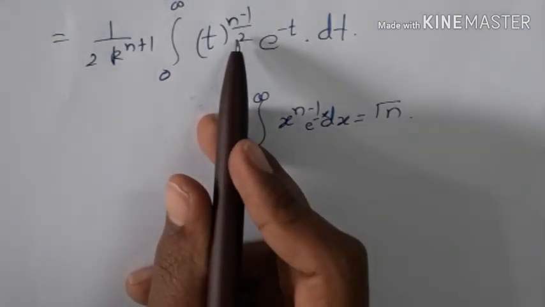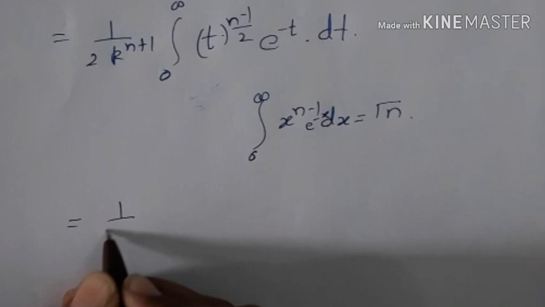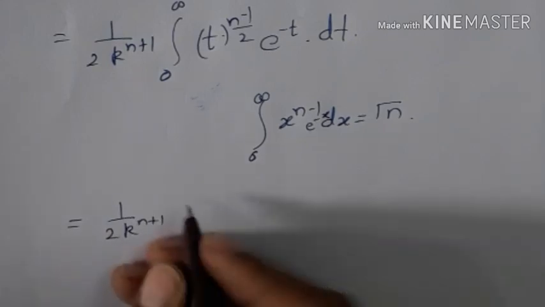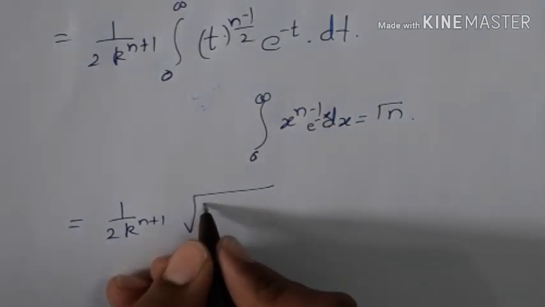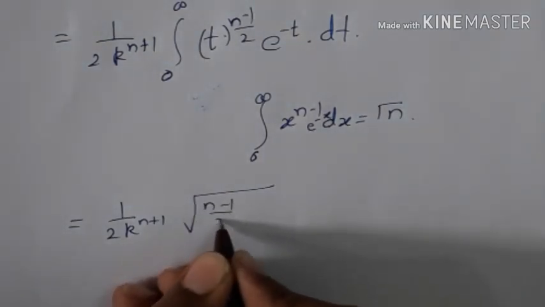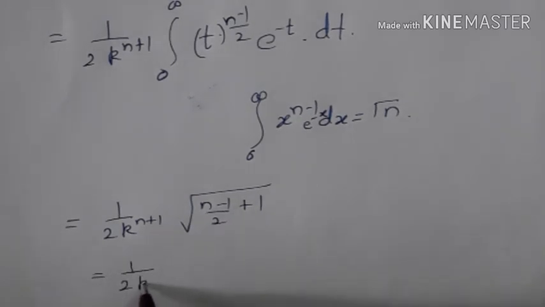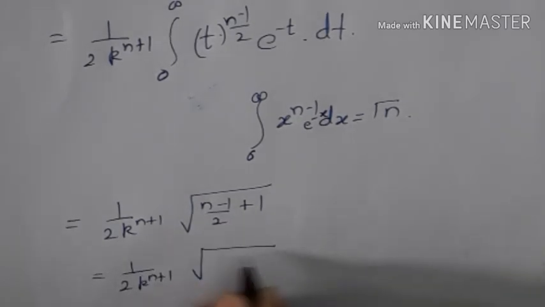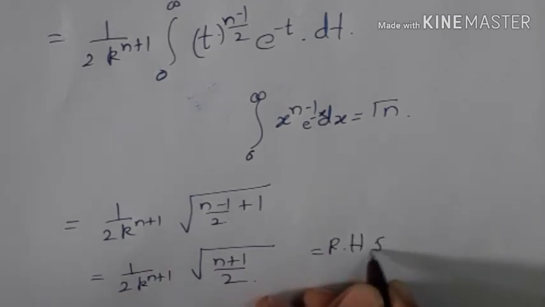Here we have to add plus 1, that is n minus 1 divided by 2 plus 1. So we get 1 upon 2 k raised to n plus 1 into gamma of n plus 1 divided by 2, which is nothing but the RHS.